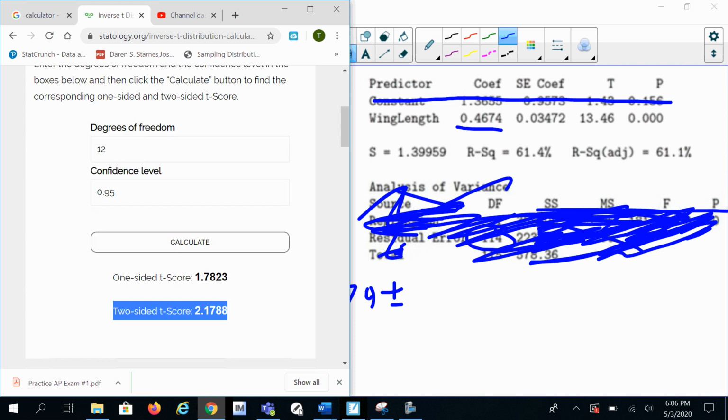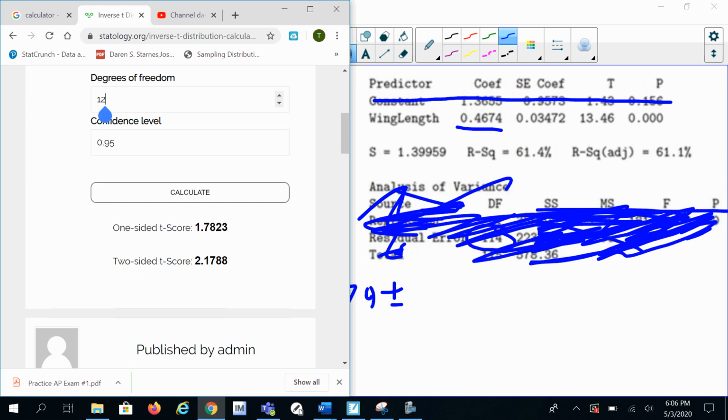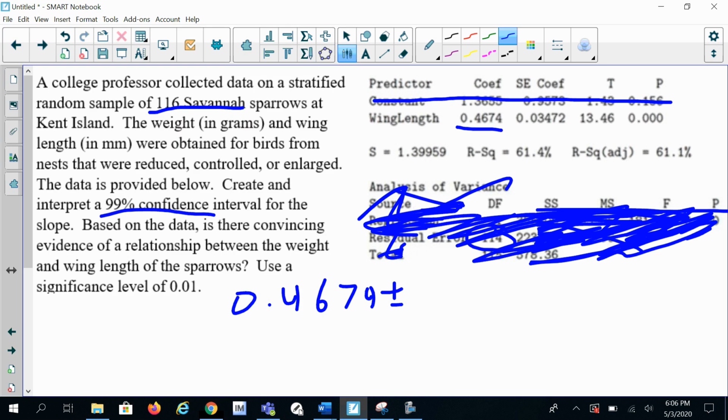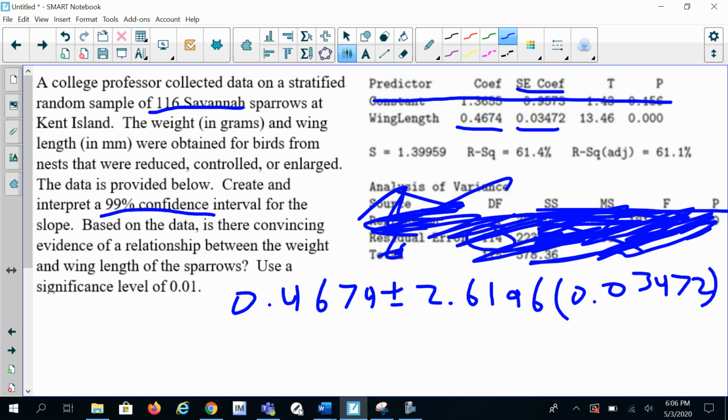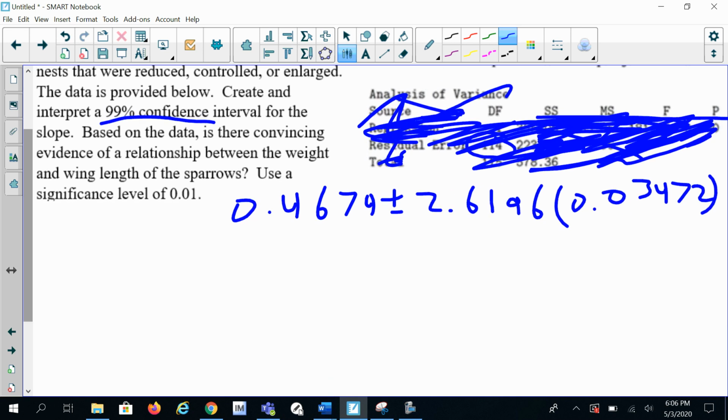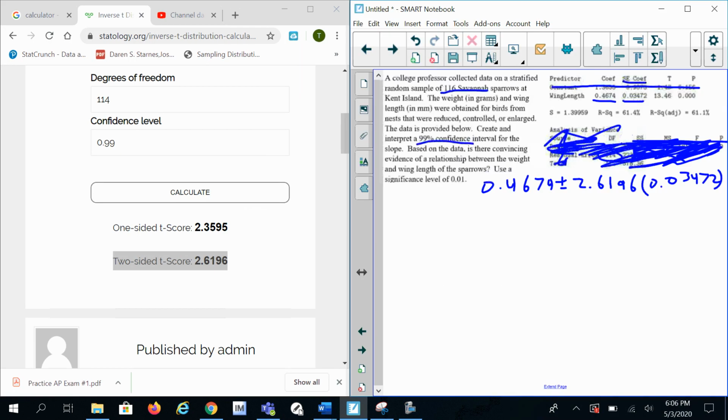Always look at the two-sided. Our critical value is 2.6196 times the standard error of the slope, which is right next to the slope. Remember SE coefficient, 0.03472. And all we have to do is type that in, and we are done with our confidence interval.